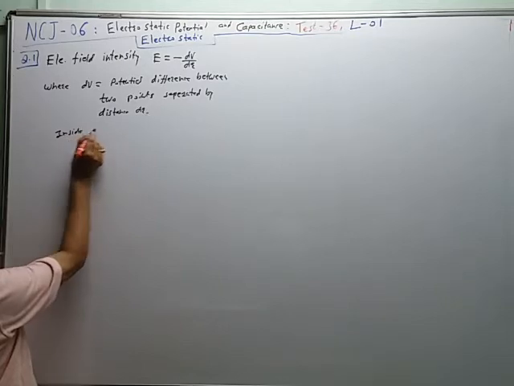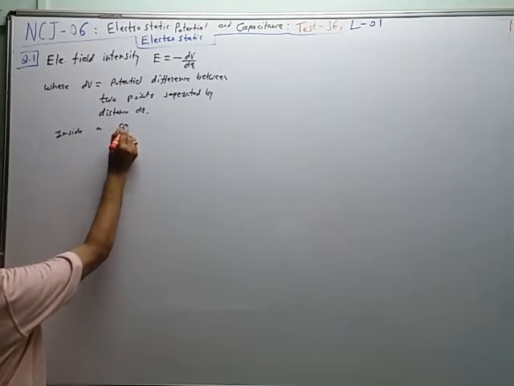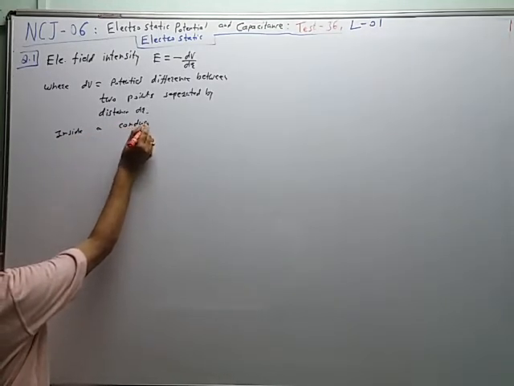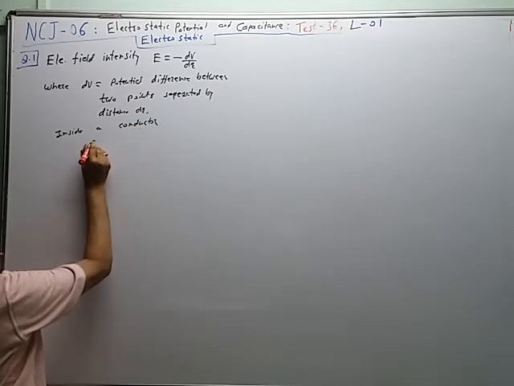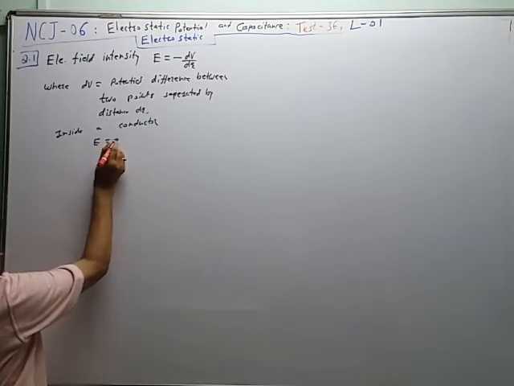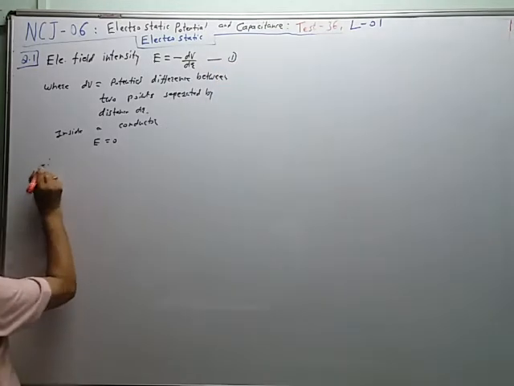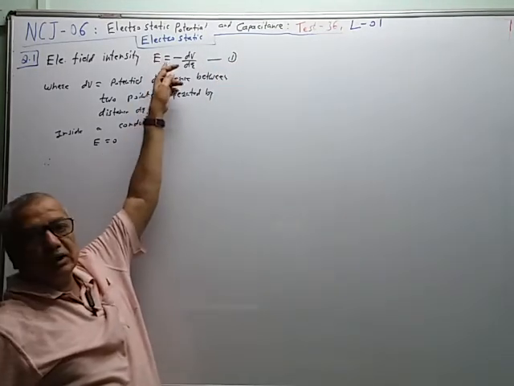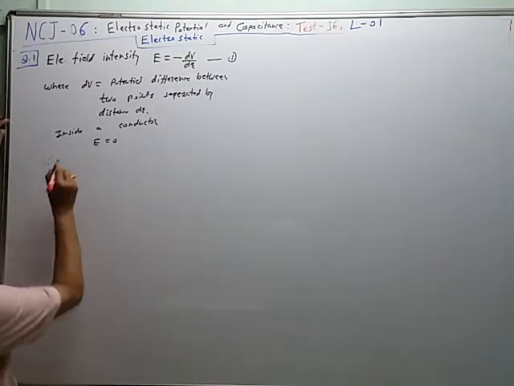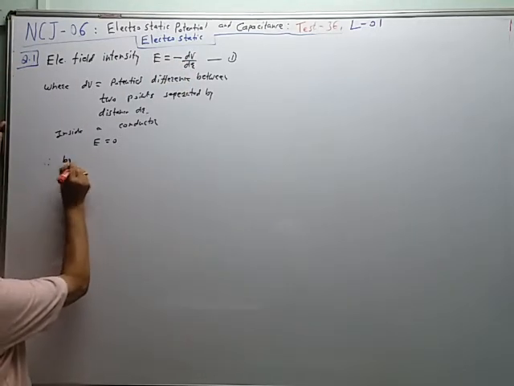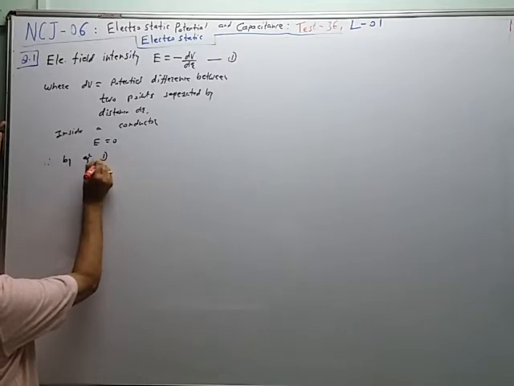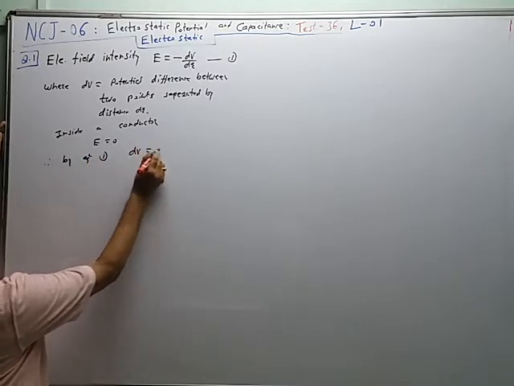Inside a conductor metal, E is equal to 0. Therefore, now what will happen when E becomes 0? dV will become 0. Therefore, by equation 1, dV is equal to 0.